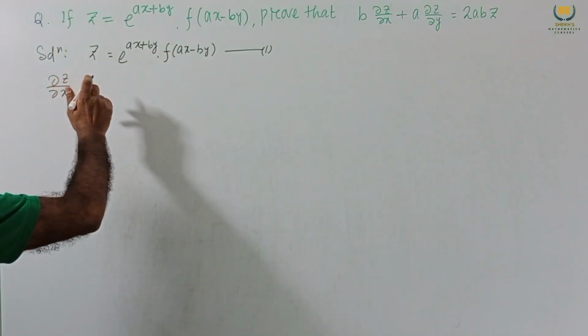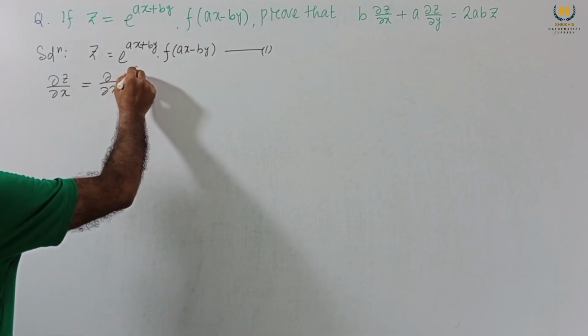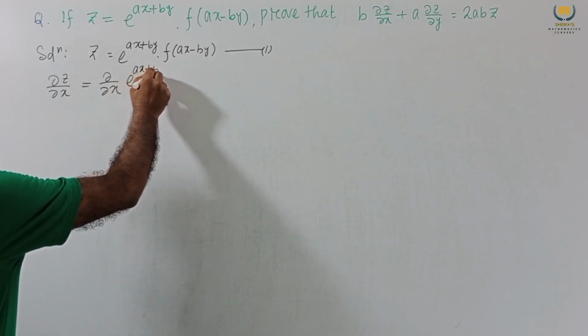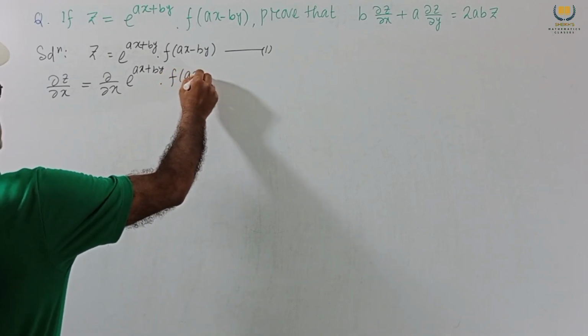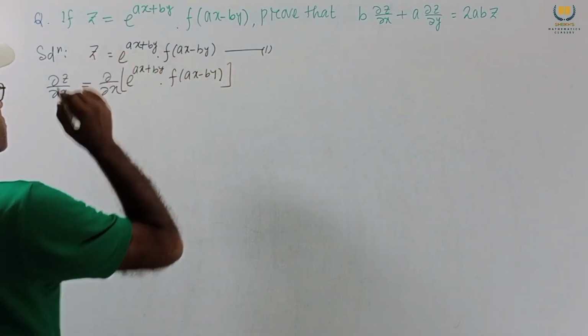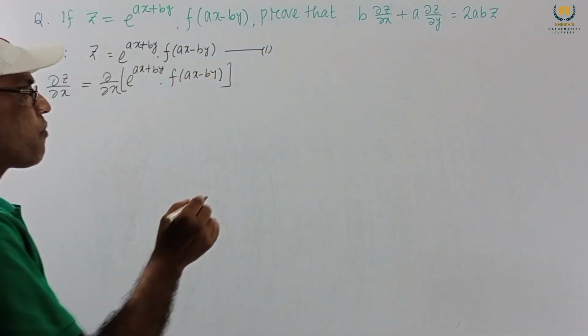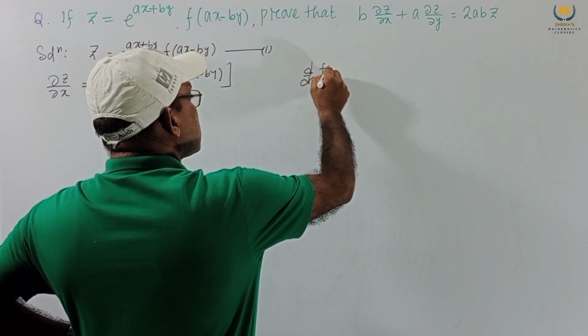So we differentiate partially with respect to x. We get e to the power (ax plus by) into f of (ax minus by). We get this one. But we know the product rule from higher secondary first year or second year.